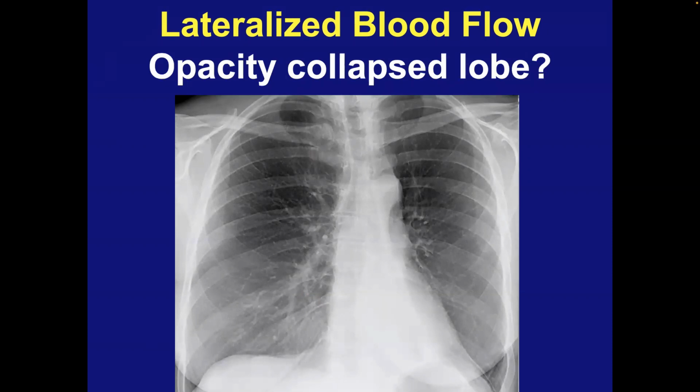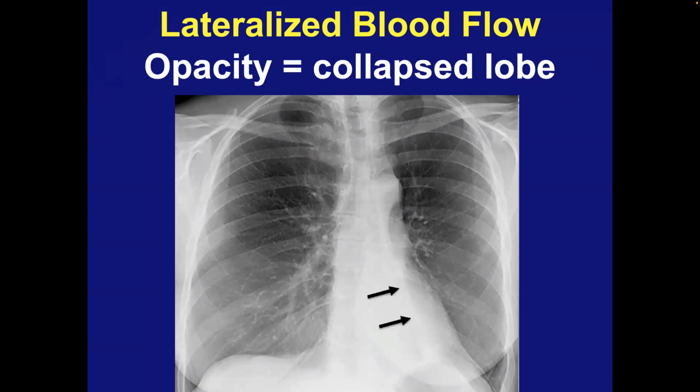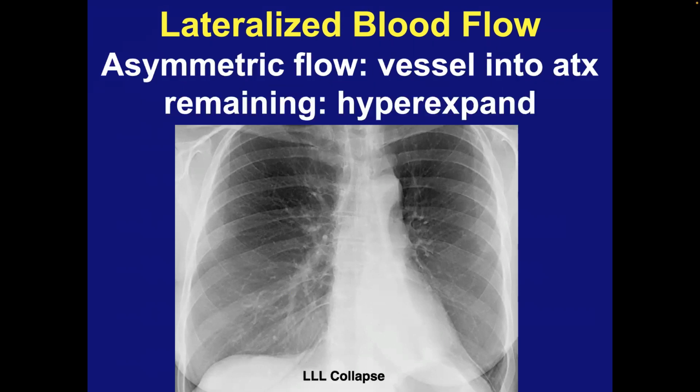That means I have to know my patterns of collapse. In this case, I want to look for an opacity that corresponds to a collapsed lobe on the left, since volume loss seems to be affecting the left lung. And I see such an opacity. There is a homogeneous opacity in the left retrocardiac region that has a very sharply demarcated lateral border. So that is a pattern of left lower lobe collapse.